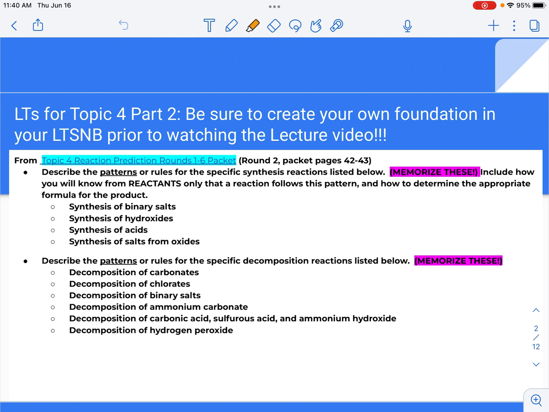You are, again, having hopefully already created your learning targets from this packet using these pages. And when you are finished, you will have some practice problems to do from that same packet. So really work hard at knowing how to determine what the products are and how to write the formulas for the products.